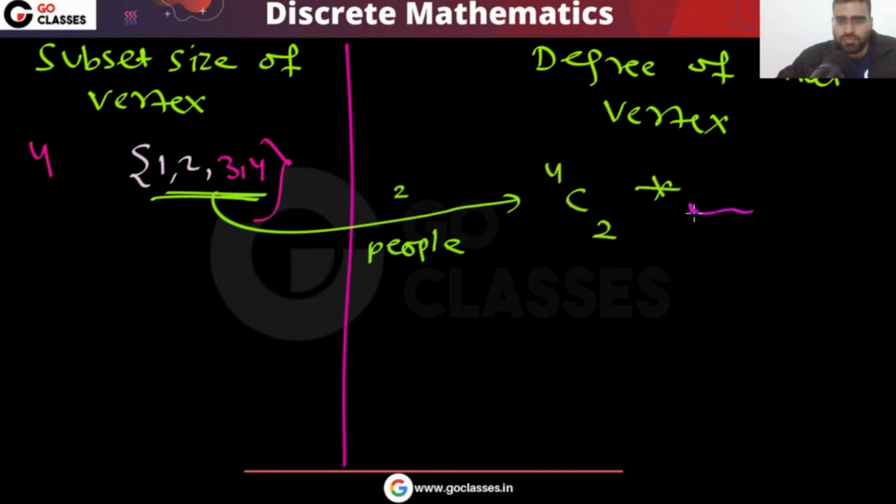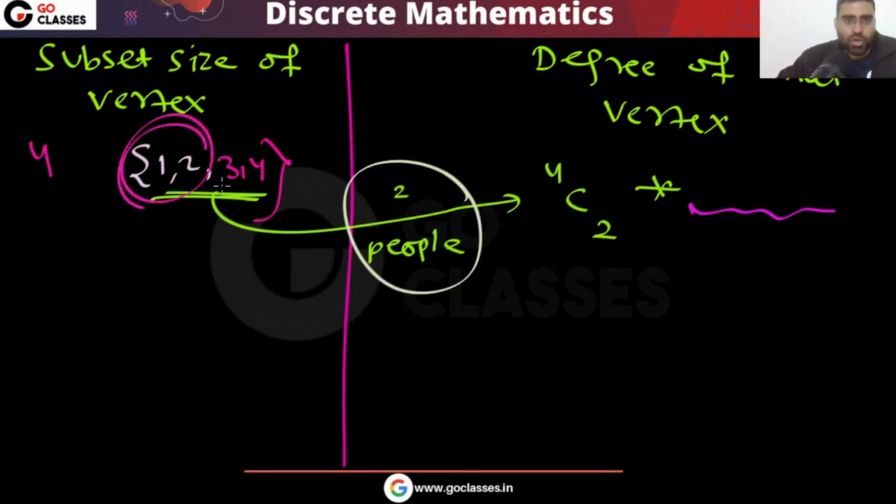Now remember, if you take two people, you can take exactly two people. You cannot take the third person. For example, if you take 1, 2, you cannot take this 3, because we want exactly two common elements. Two people are adjacent if they have exactly two common elements.